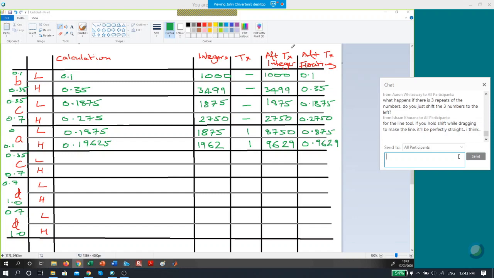So choose blue. So the upper and lowers, and then we're adding the lower, aren't we? So it's 0.875 plus that range, which is 0.9629 minus 0.875, times the lower value there, 0.35.